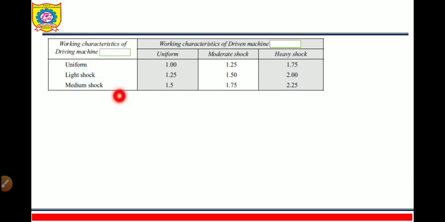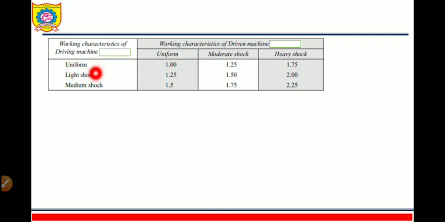This column is the power source, and this is for the power absorbing device. This is also called the driving machine and this is called the driven machine. If the driving machine has uniform working characteristic and the driven machine also has uniform working characteristic, then the service factor is 1.